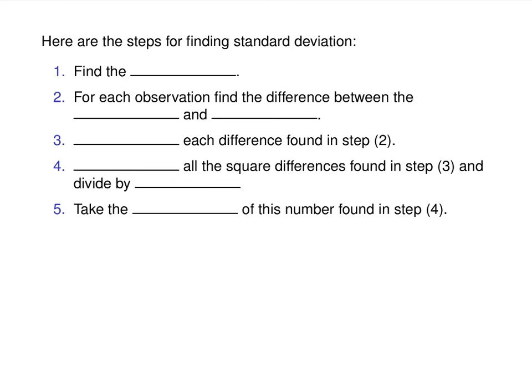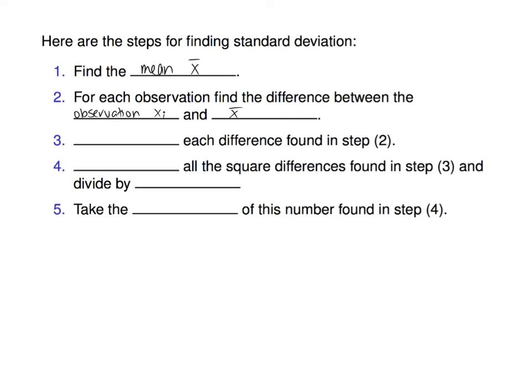So here are the steps for finding the standard deviation. The first thing you should do is find the mean. Remember, that's x bar. And then for every single observation you have, find the difference between the observation, that's what that formula called the x sub i's. So the little subscript means x sub 1 is first observation, x sub 2 is second observation, etc. And x bar.